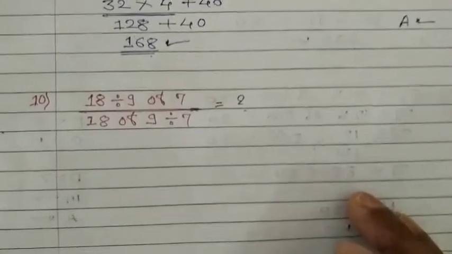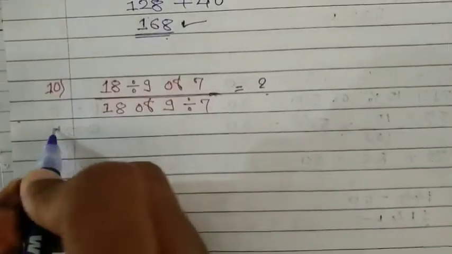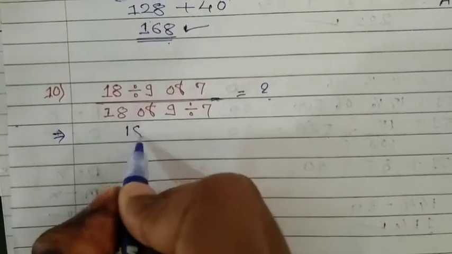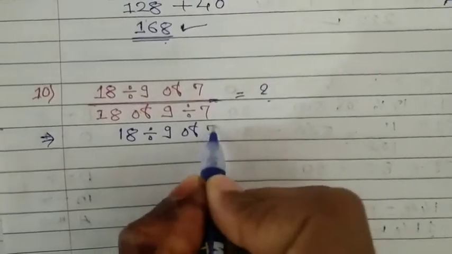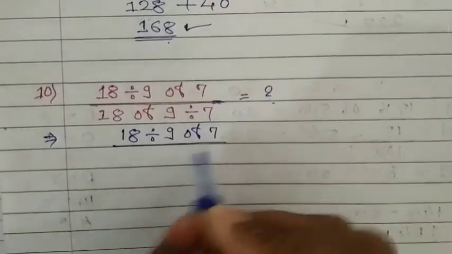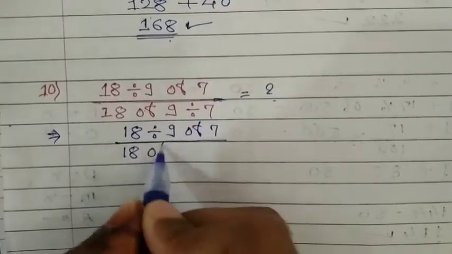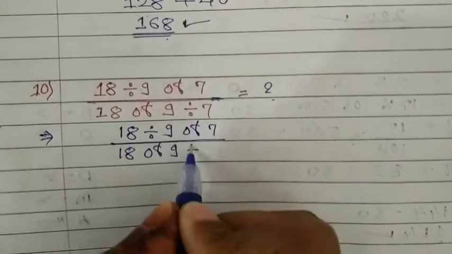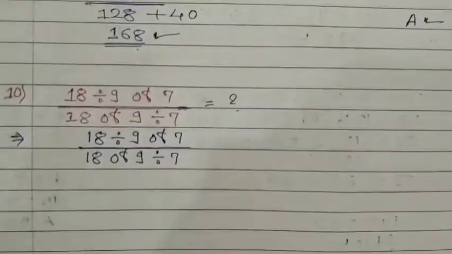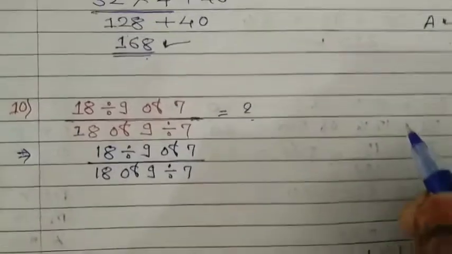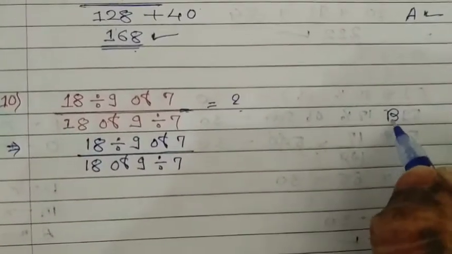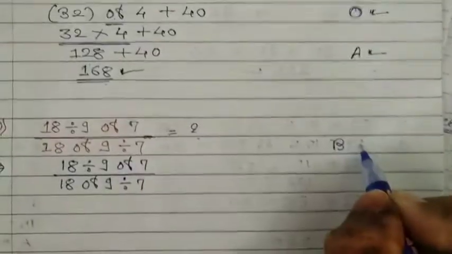Let us move on to the next question. 18 divided by 9 of 7. Is there a bracket?